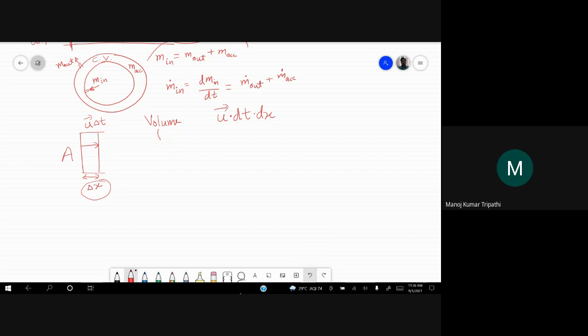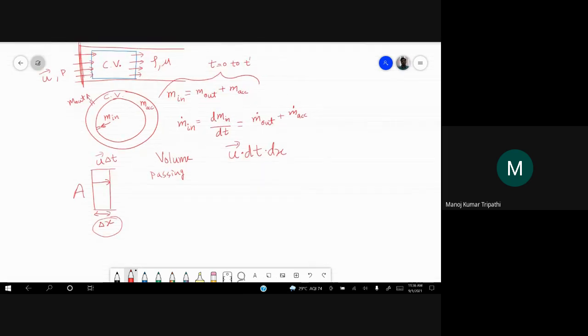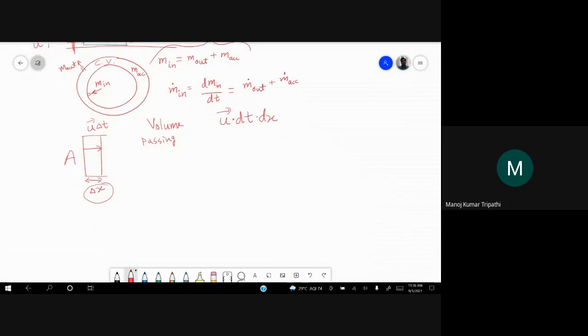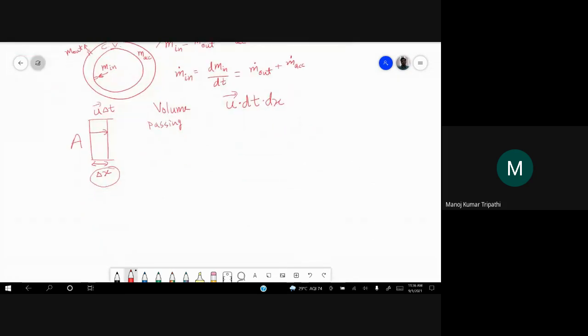So let me call this the volume passing any point or any cross section A in time dt.